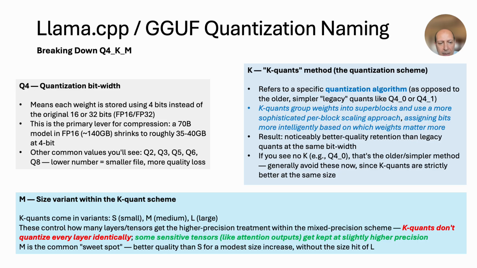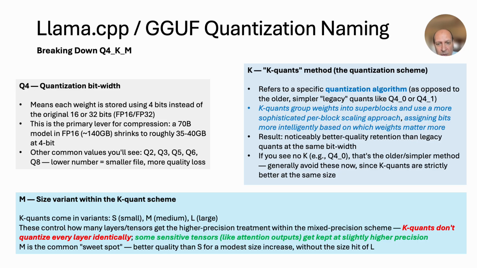So, the S, M, and L size variants with the K quantization scheme control how many layers or tensors get the higher precision treatment within the mixed precision scheme. So again, we're talking about mixed precision schemes here. We talked about K, right? The K quants don't quantize every layer identically. Not all the layers get the same quantization.